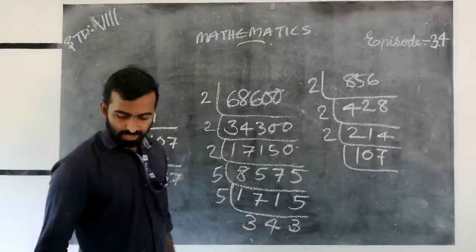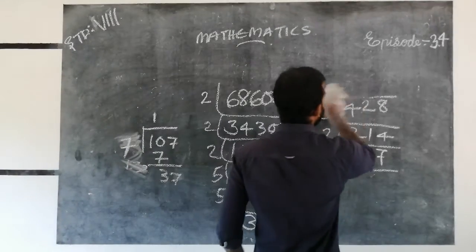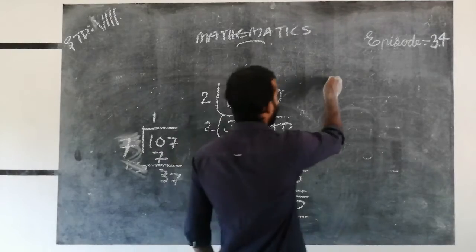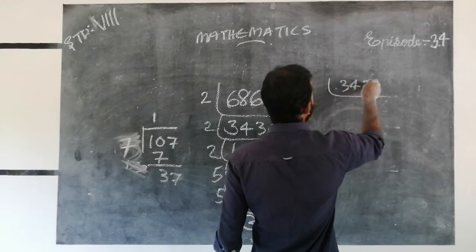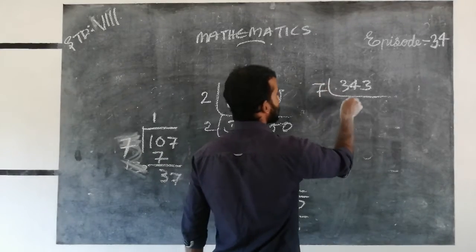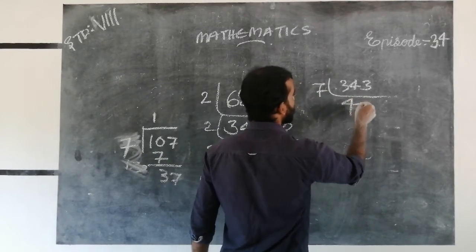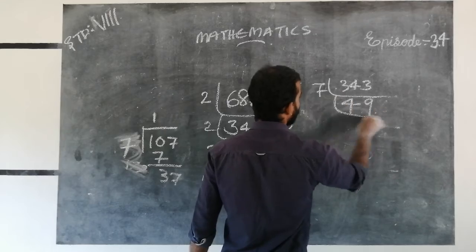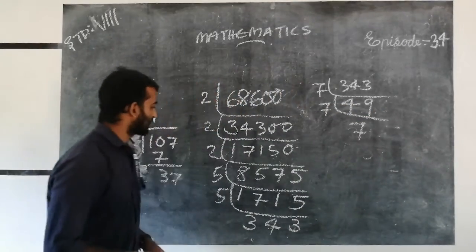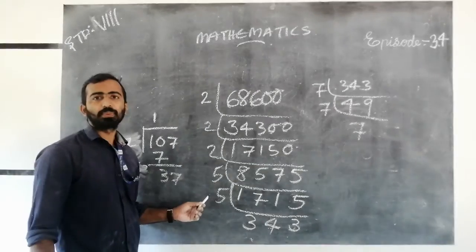Here is 343. So we recheck which one, that is 343. We take it as 7, that is 4 63 49, and next 7 and 7, that is here 1 5.